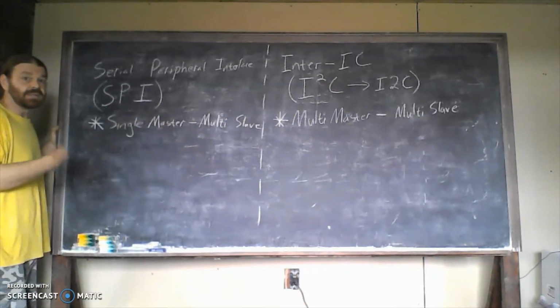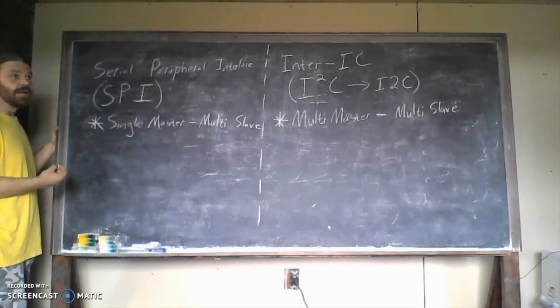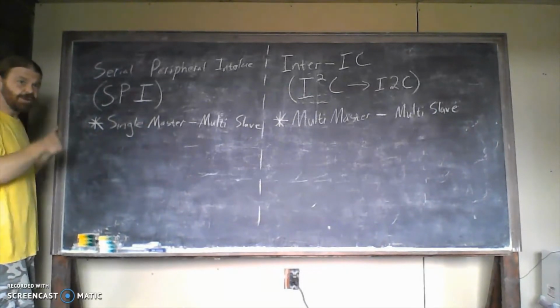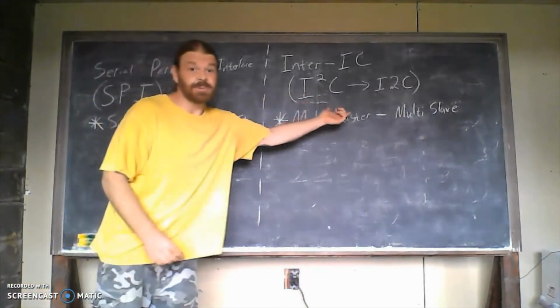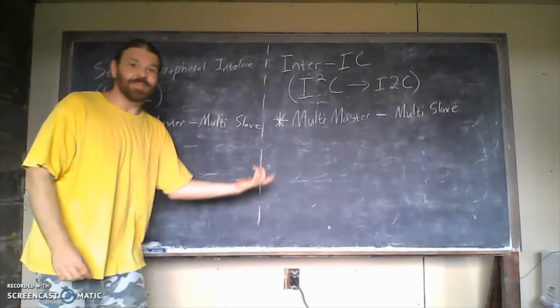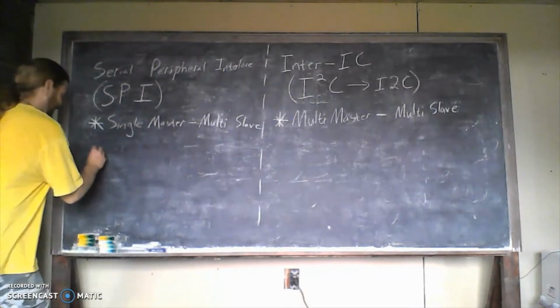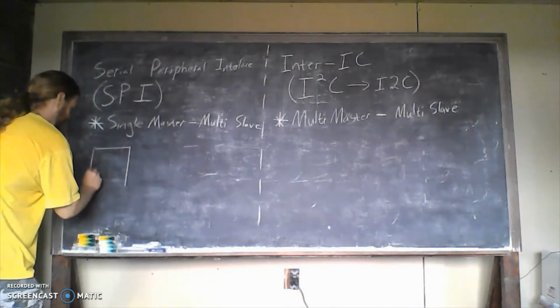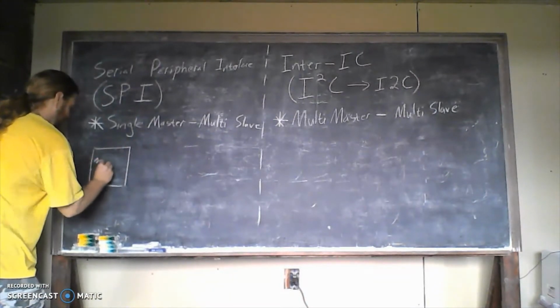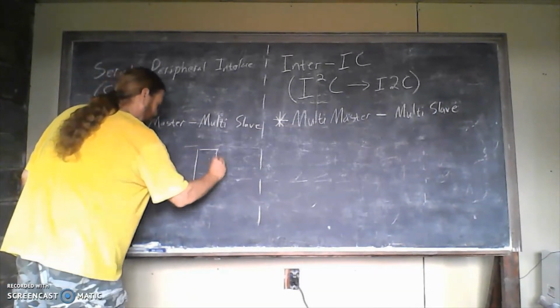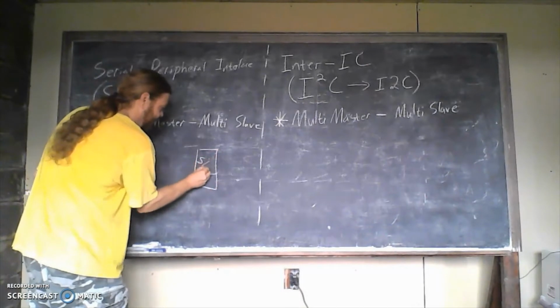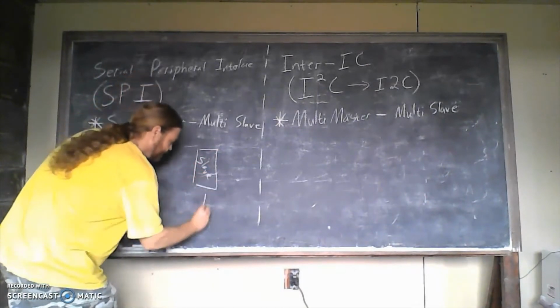I'm doing one device with SPI and one with I squared C, but I want to put more than one in the picture, so I'm going to draw it like this. There's one master device and two slave devices in both setups.